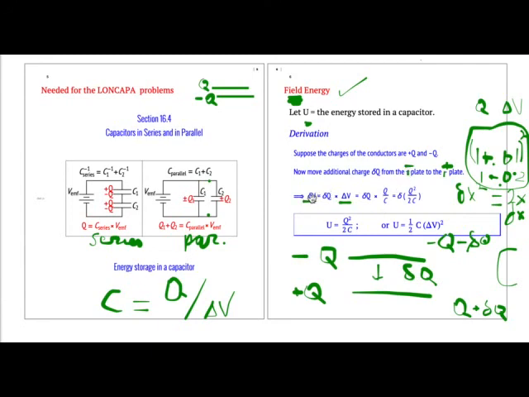So the change in the energy when I move this charge delta Q from the negative plate to the positive plate is the change of Q squared over 2C. Well then, the energy must be Q squared over 2C. So that when I change Q, the change of U would be the change of Q squared over 2C.